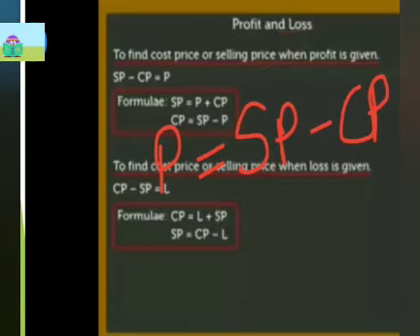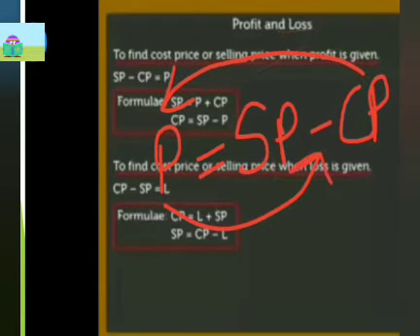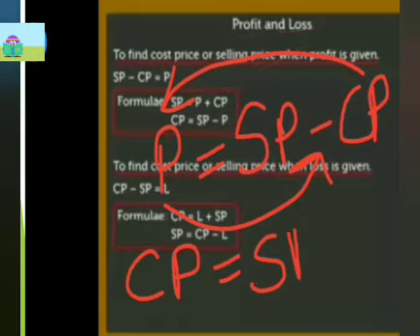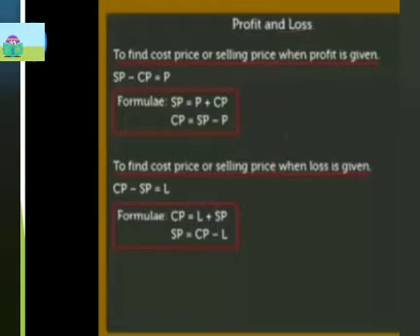How will you calculate? Just bring it this side and send this one to the other side, as you do in a linear equation. So CP will be equal to selling price minus profit. Similarly, you can calculate selling price is equal to profit plus CP.